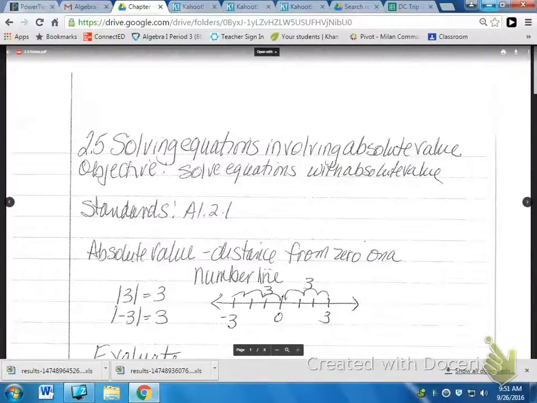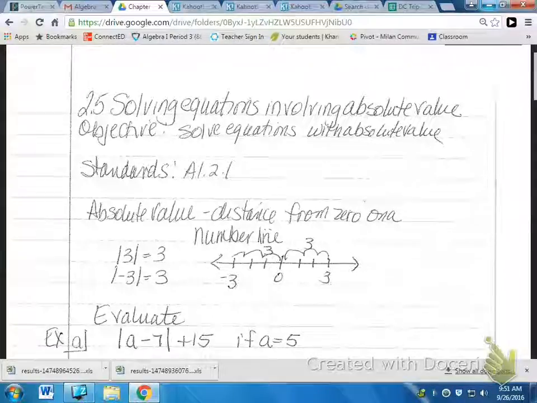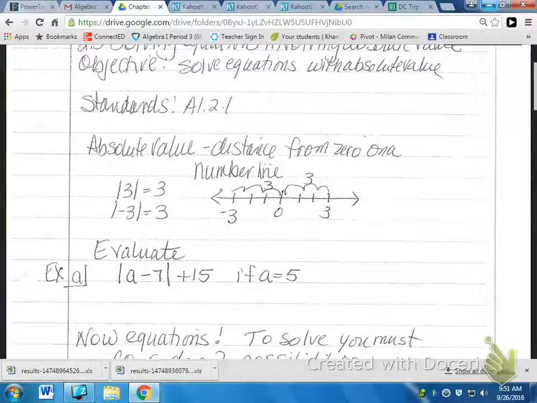Basically what's going to happen is you need to think about what absolute value means, and absolute value is the distance from 0 on a number line. So absolute value is the value of the number without paying attention to the sign at all.